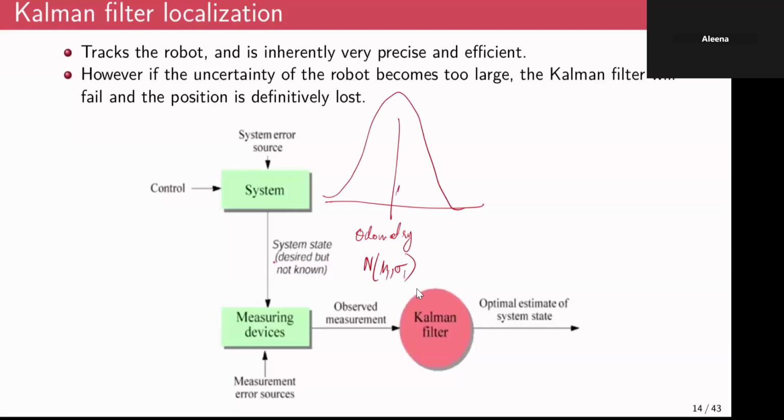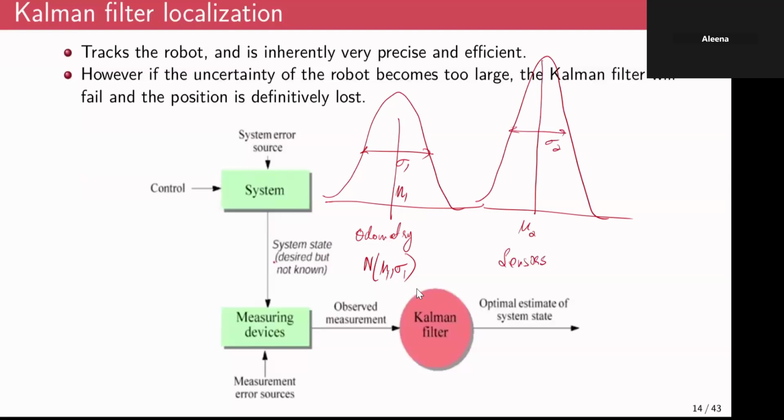So I call this the mean of the position estimate, and this the standard deviation of the position estimate. And if you have another estimate from the sensors, the estimation of position from the sensors, as mu2 and sigma 2, this is from the sensors.